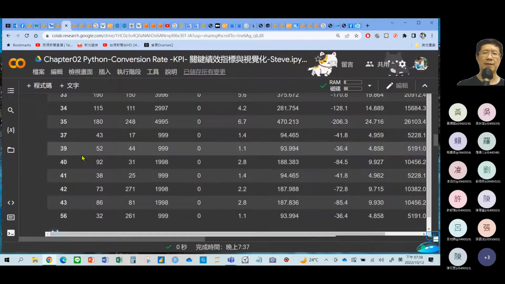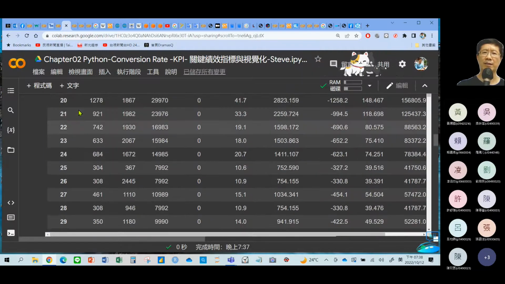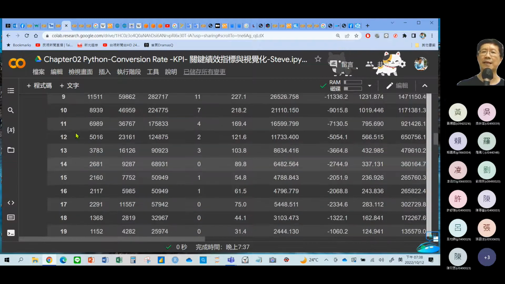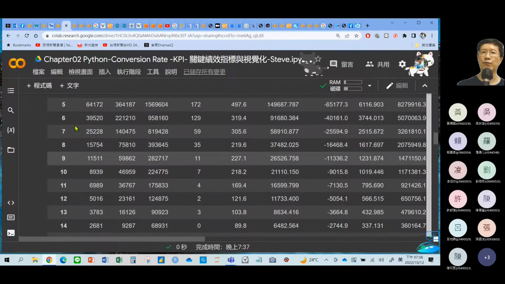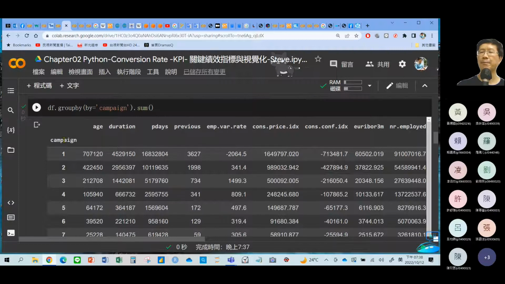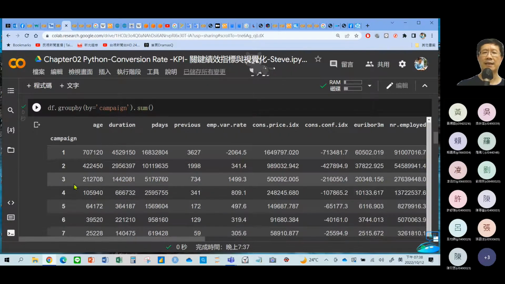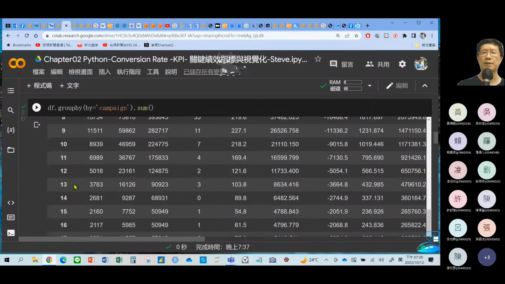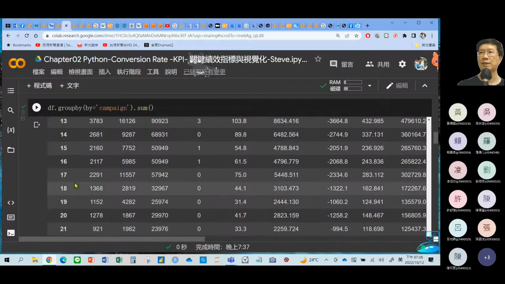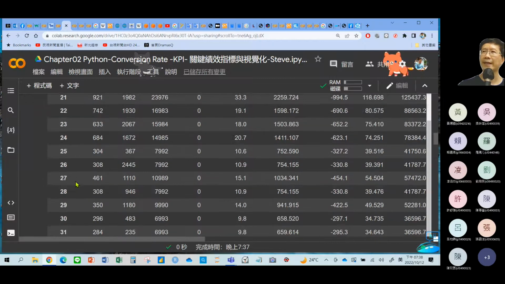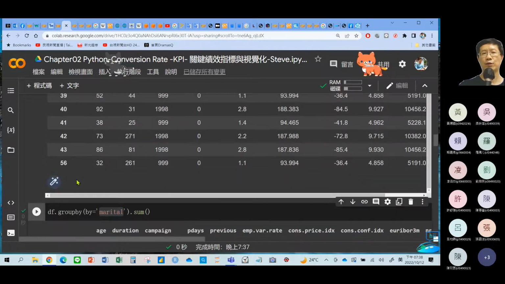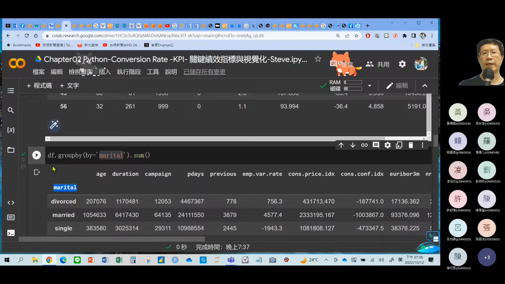For campaign, there are a lot of categories, right? It's almost like a continuous variable. 像这个 campaign 的话，从1、2、3，当然有些是缺的啊，不见得所有都有，但是这个是一个连续型的变数。Continuous variables can also be grouped by. So here we group by category variables.